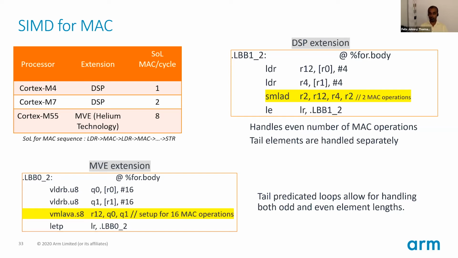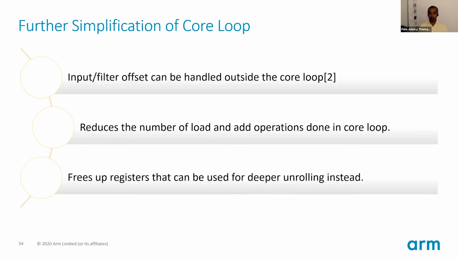So now we have applied SIMD optimization to the one-by-one convolution. If we apply further simplification to the code loop, what you can do is move the handling of the input and filter offset outside the code loop.